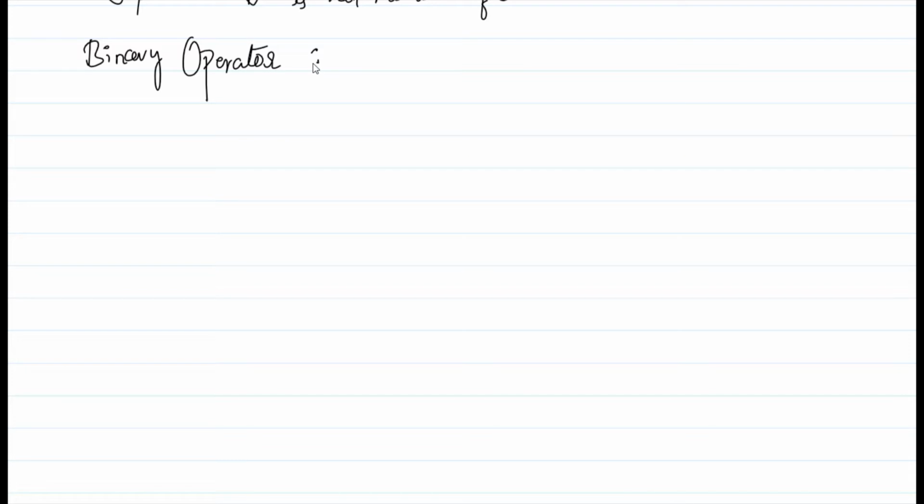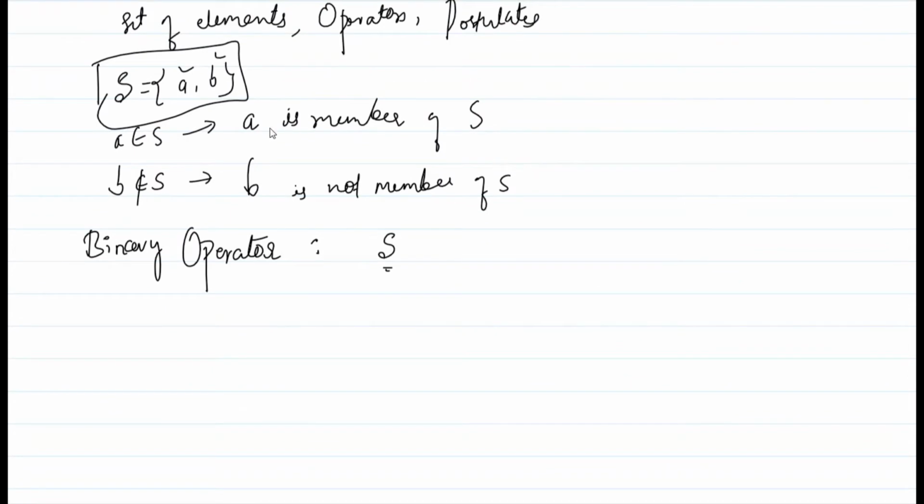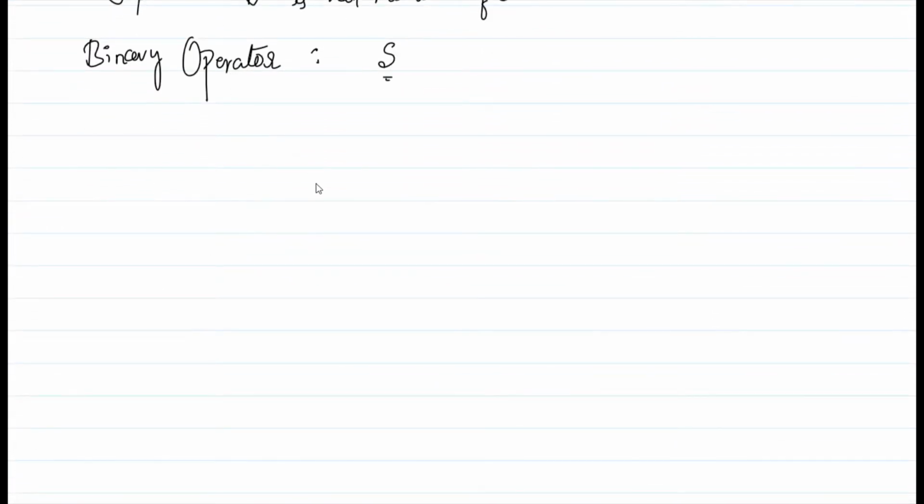A binary operator defined on a set, say for example S here, is a rule that assigns to each pair of elements from S a unique element from S. Here each pair of elements from S means I have only two elements, that is A and B. For these two elements, this is the rule which assigns a unique element from S. So this operator may give the result.